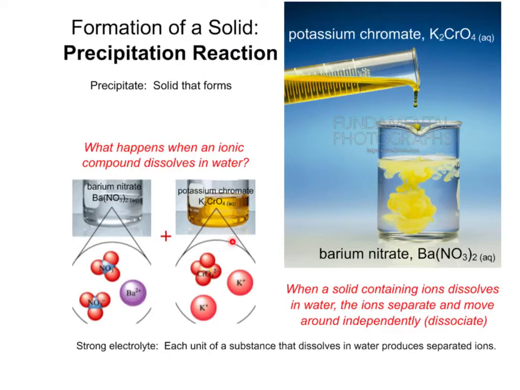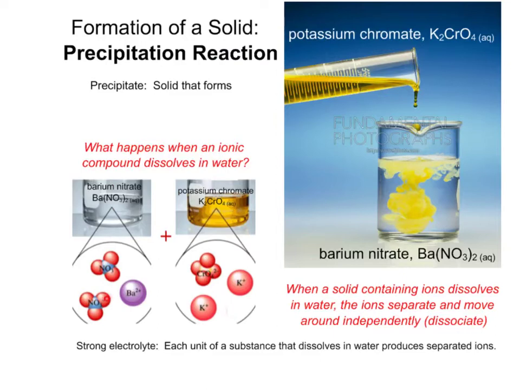The ions within those compounds separate and move around independently in the water. We call that dissociating. The ions dissociate from each other like this, and they're moving around in the water separate from one another. The degree to which they separate will tell us how strong this solution is as an electrolyte.